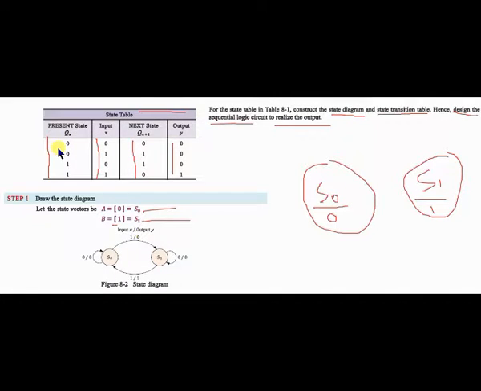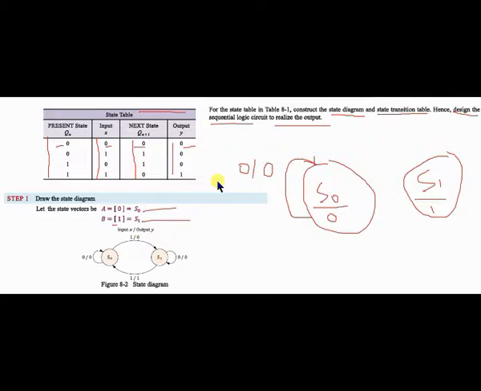So let's see the first row. Present state 0, next state also 0. For present state 0, what is the input? Input is 0, output also 0. So we write here input 0 and output also 0.